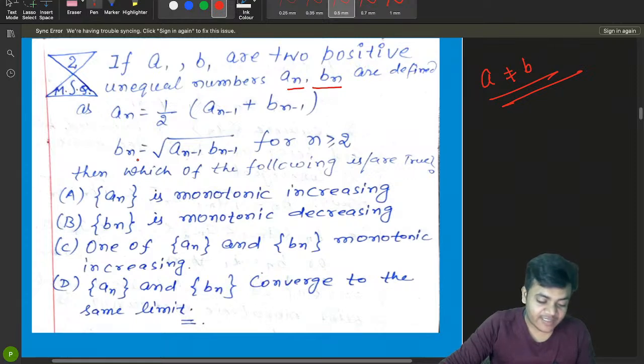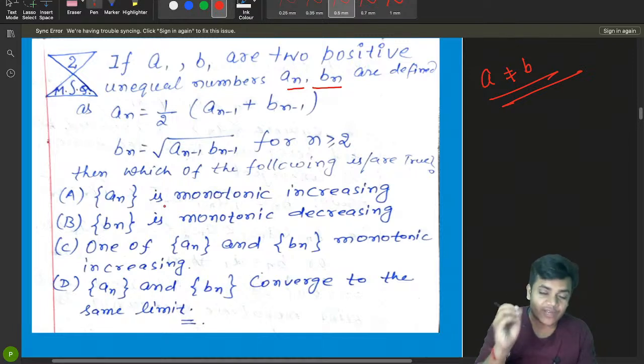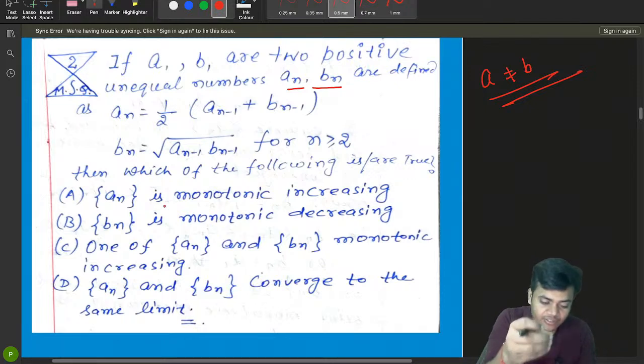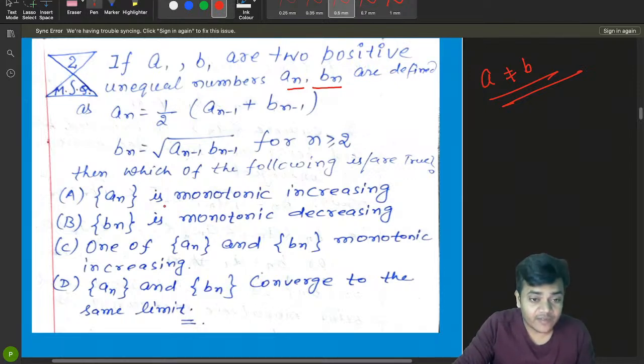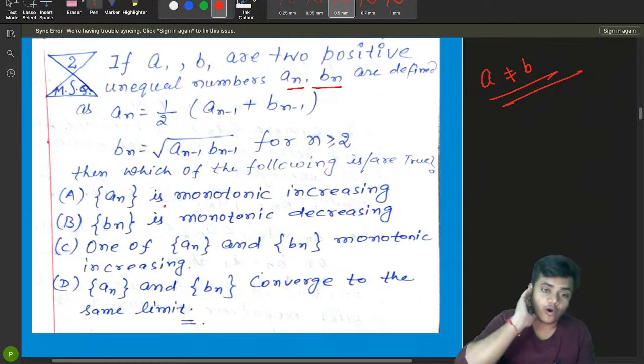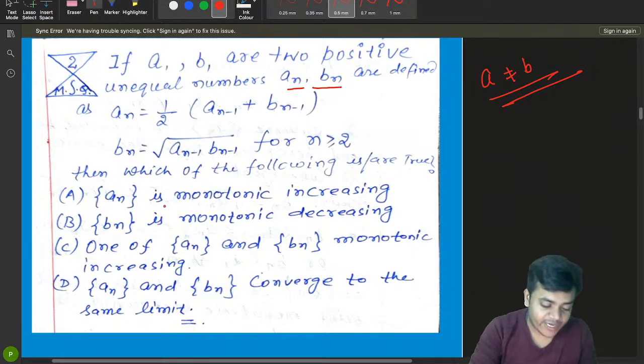And you can really understand why this series is called the doubt killer series, because you have to check whether it is monotonically increasing or monotonically decreasing, or option C: one of an and bn is monotonically increasing, and the sequences an and bn converge to the same limit. So here are four options. You may pause the video if you are watching it recorded, and thereafter you can answer, but for now I am going to discuss it beautifully.